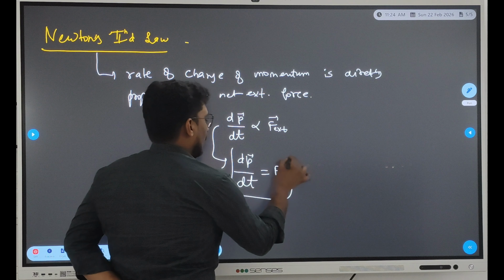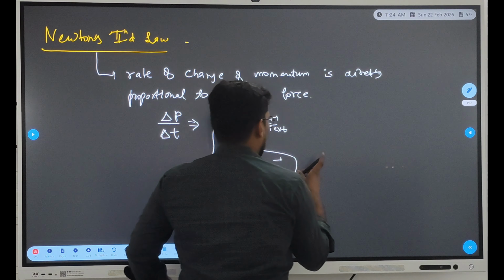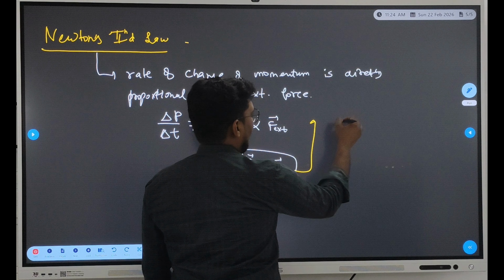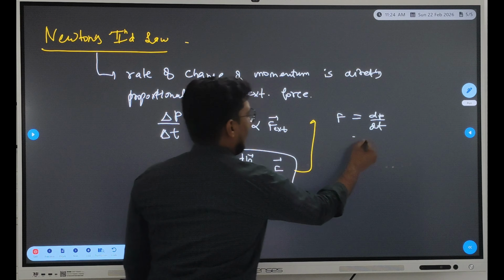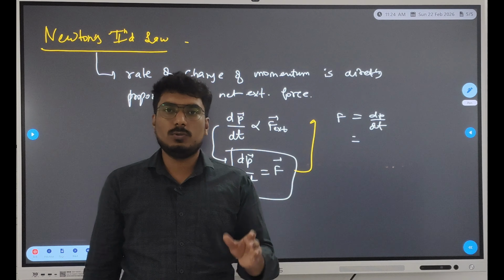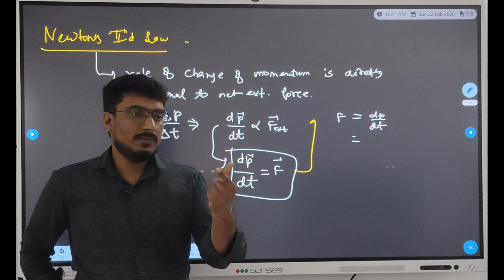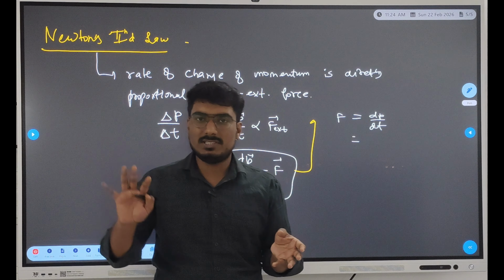Now, if we solve this further, what will we get here? Let's solve it a bit further. F is coming as dp over dt. What is the p value? Just now we have seen what momentum p is, equal to m into v. Two things are there: one is the mass, another one is the velocity.